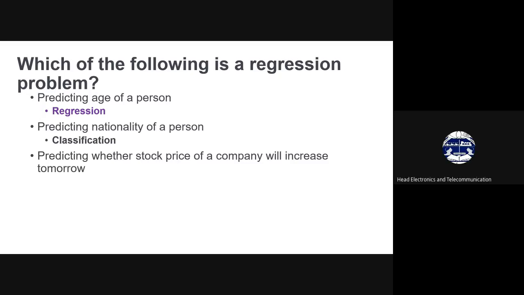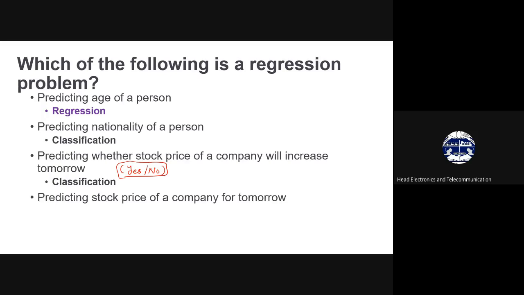Think. See my question. My question is whether the stock price will increase tomorrow or not. So the answer is either yes or no. Classification. So when the answer is in this binary form, it is a classification problem.